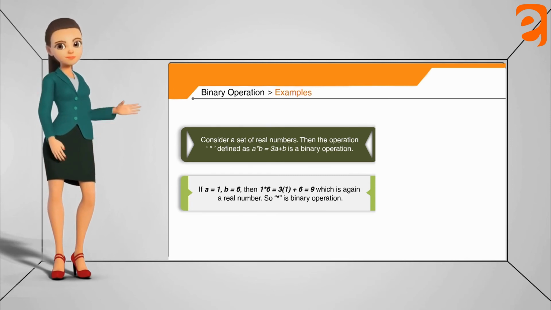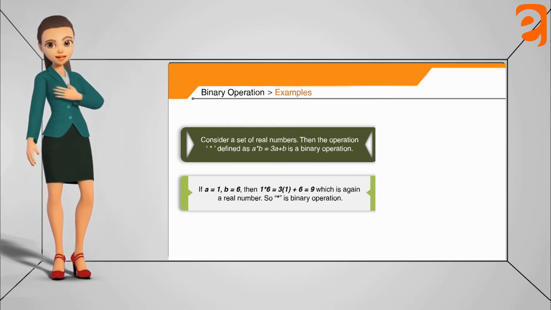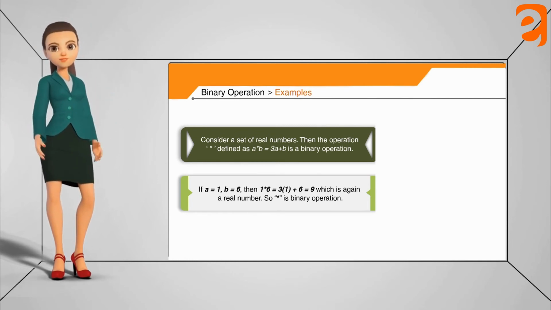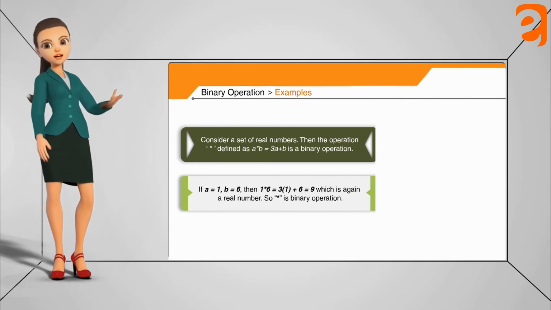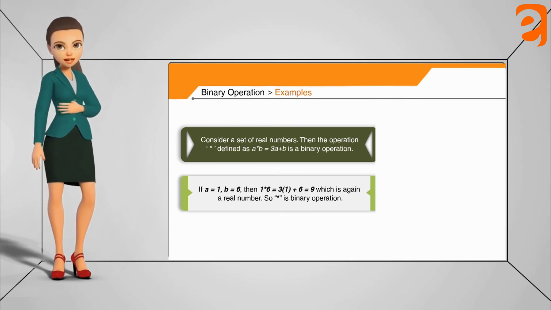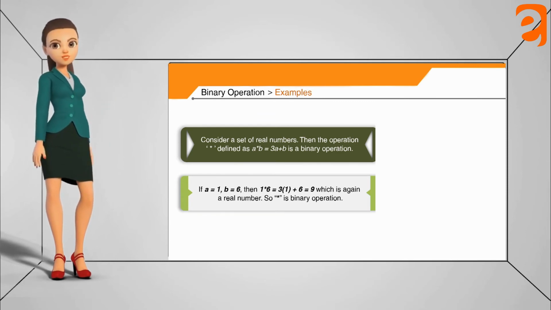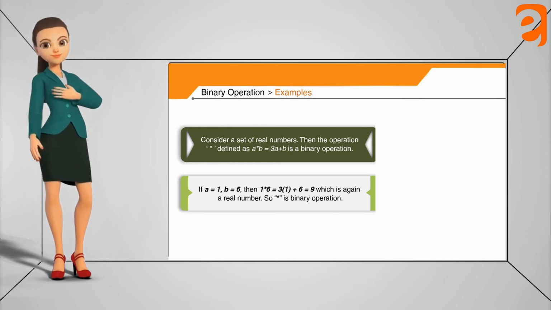So it is a binary operation. I am taking the particular case of a equal to 1 and b equal to 6, but you can take any numbers for a and b and just substitute them in the equation. Whatever numbers you choose, the result is always going to be a real number. In this way we have proved that this operation is actually a binary operation on the set of real numbers.